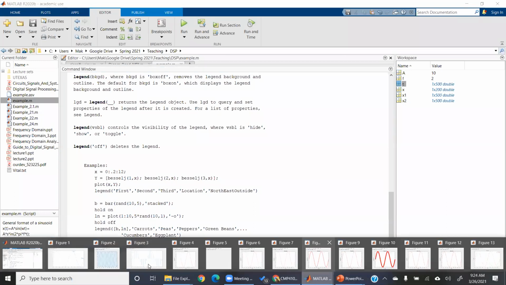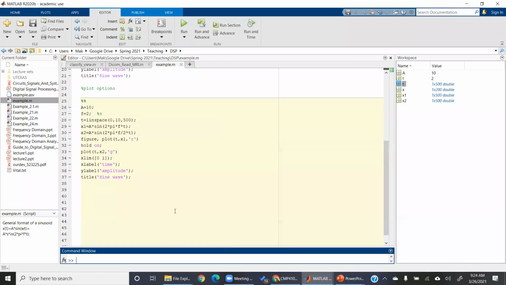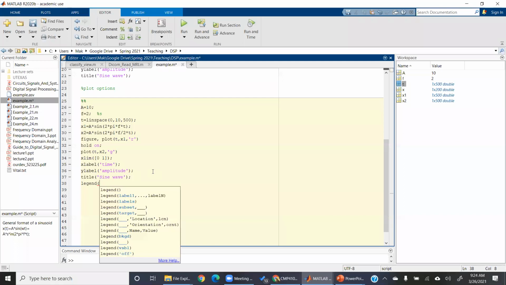So all you have to do is just drag this down, legend, sine with frequency of 2 Hertz.